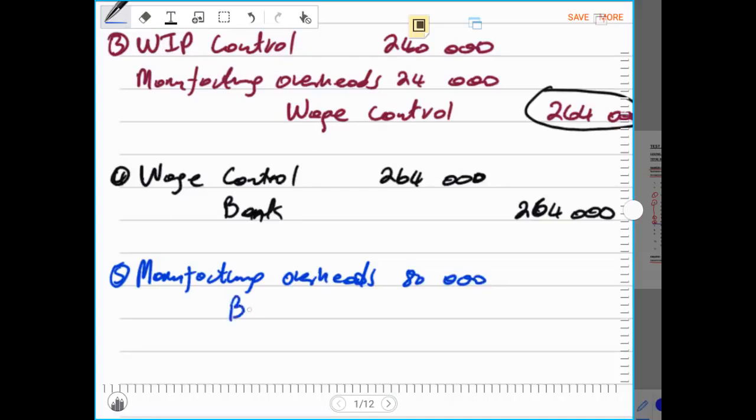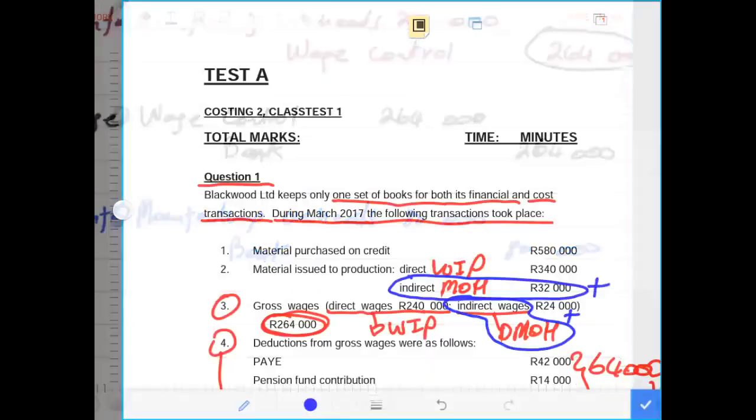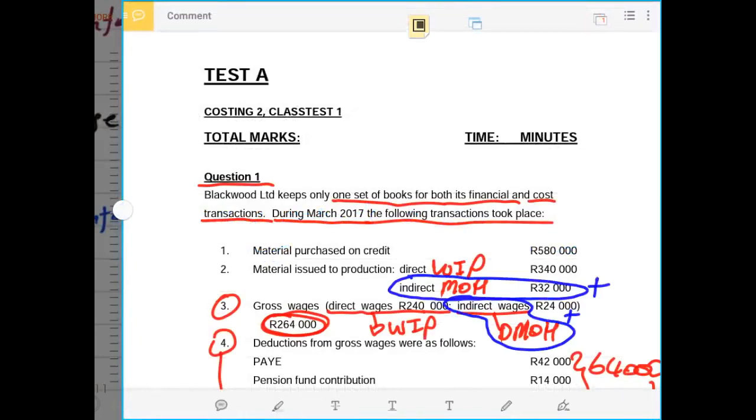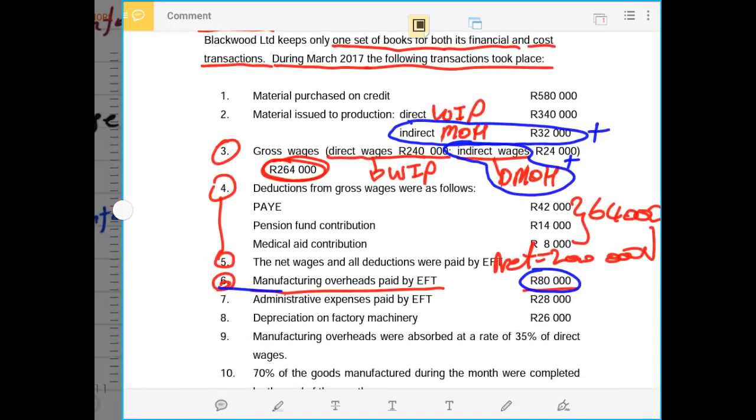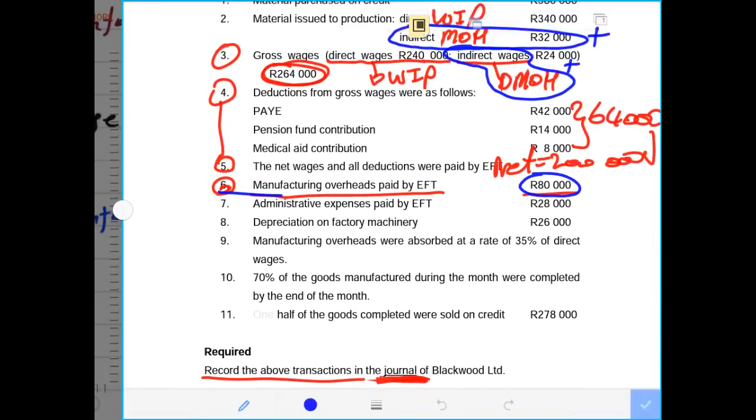Then on the credit side, we record our bank, and this bank will have to be the same amount of 80,000 rands. For every debit entry, there should be a credit entry of the same or equivalent amount. So now we have recorded the payment of the manufacturing overheads by the EFT of 80,000 rands.